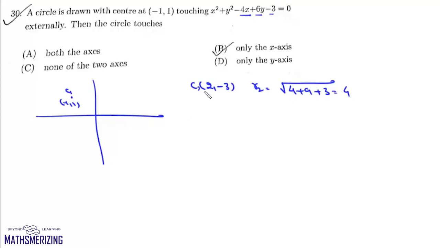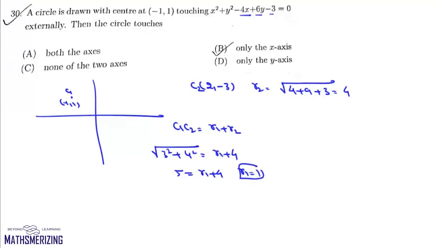Now if the two circles touch each other externally, then C1C2 must be equal to R1 plus R2. Now C1C2 in this case is root of 3 square plus 4 square, and R2 is 4. Now this is 5, so 5 equals R1 plus 4. R1 is simply 1. So the radius of the first circle is 1 unit, and if the radius of the first circle is 1 unit, then it is going to touch both the axes. So this circle touches both the axes, and that's your option A.